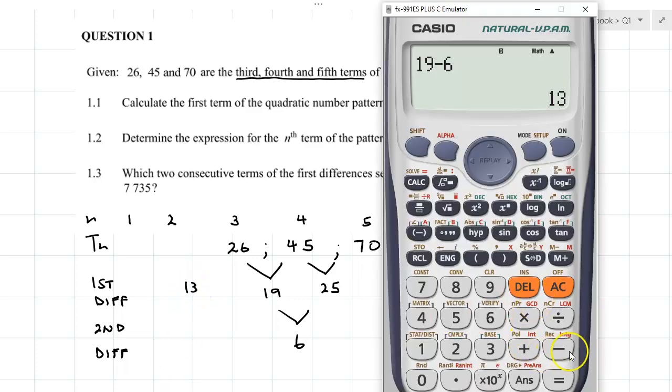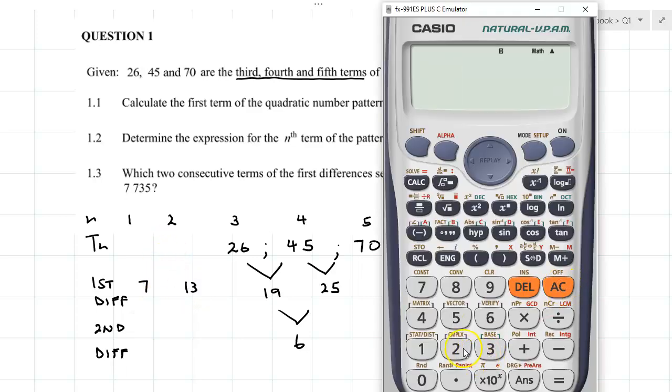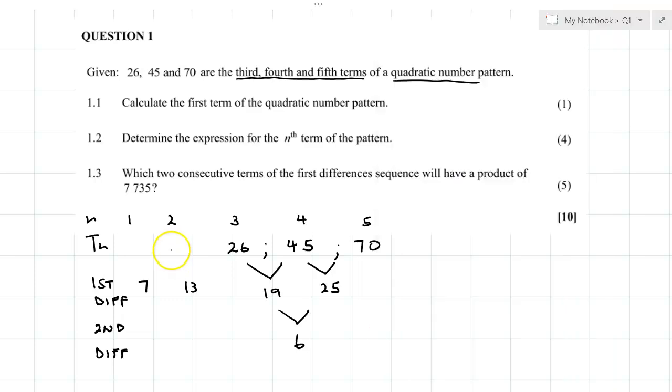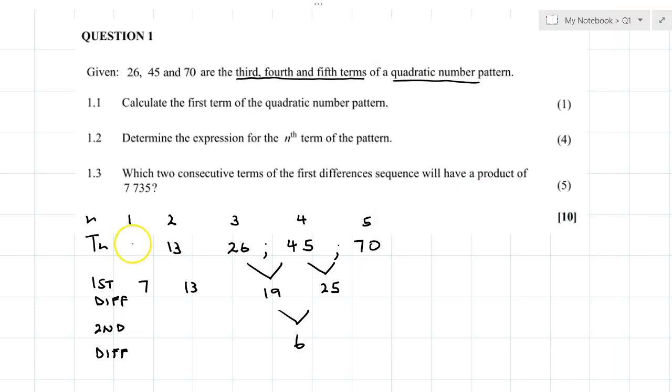And then 13 minus 6, that's equal to 7. So we can say 26 minus 13, and we'll work out our second term. 26 minus 13 is going to give us 13. And then 13 minus 7 should give us our first term, which is 6.